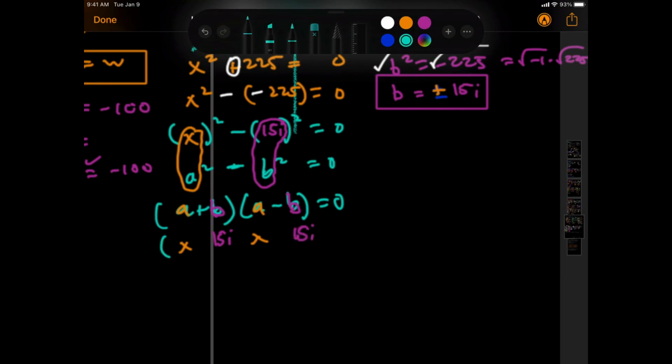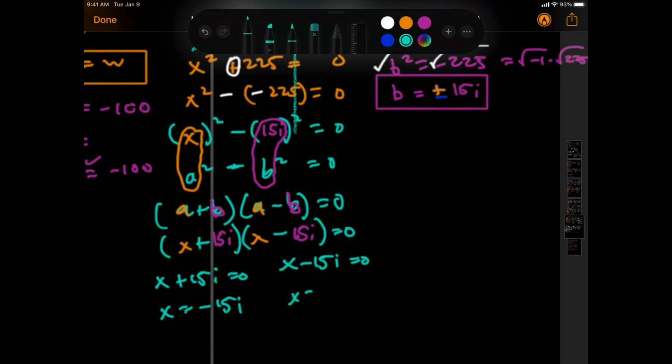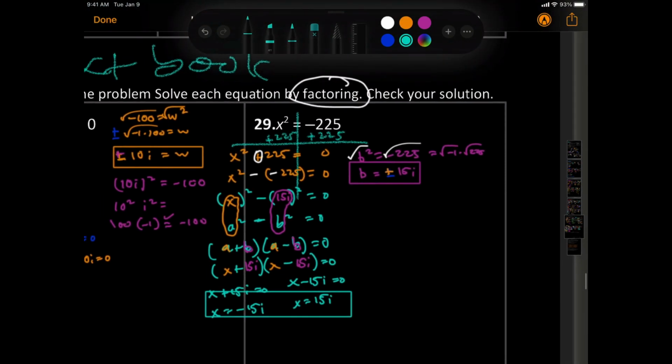So I have x plus 15i and x minus 15i. Separate them, solve them, you're done. And that's our answer.